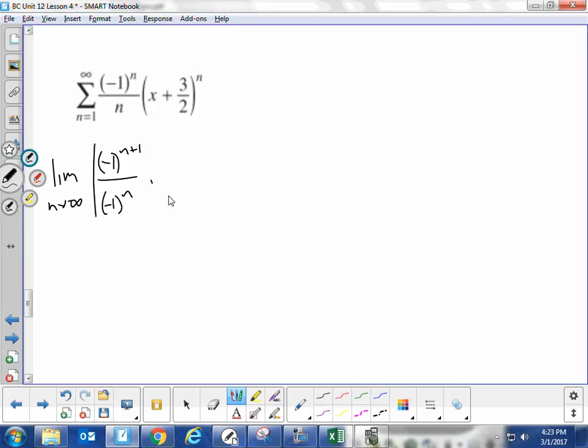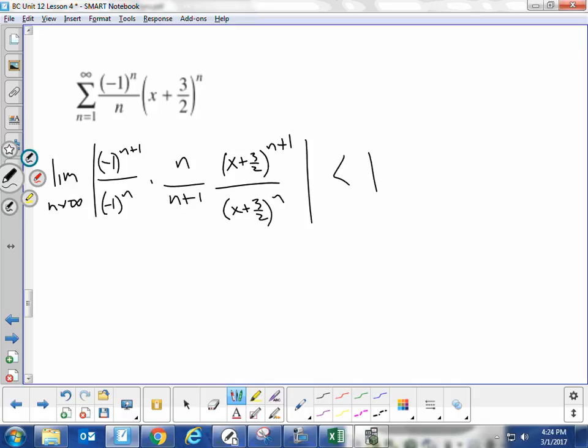Then the n plus 1 would be in the denominator and n in the numerator. Then I have x plus 3 halves to the n plus 1 in the numerator and x plus 3 halves to the n in the denominator. That's got to be less than 1.